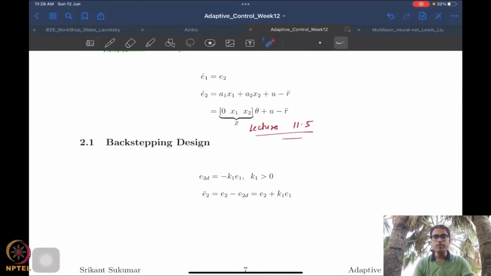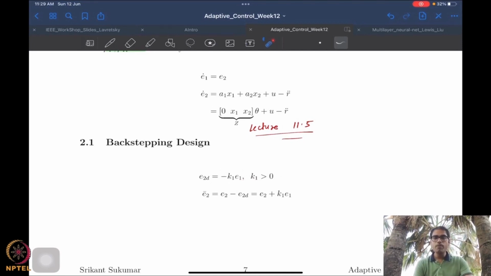So how do we do the backstepping design? We start by looking at the first subsystem and assume that E2 is our controller. If E2 was the control, then what is the good control to drive E1 to 0? Simply minus K1 E1 for some positive gain K1. So that would be your desired value of E2.